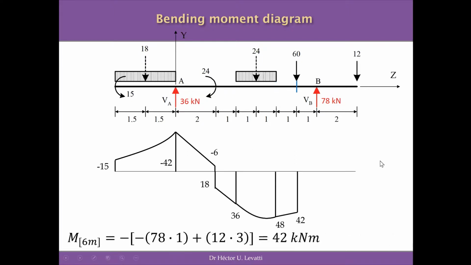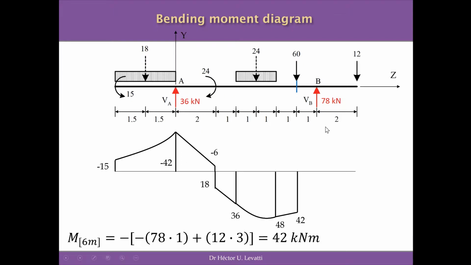The next cross-section is the cross-section at this blue line in here, as you can see on the screen. And in this case, to simplify our calculation, we're going to use the right side of the structure to calculate the moments. So in this equation, I will start with minus because I'm going to use the right side of the structure.